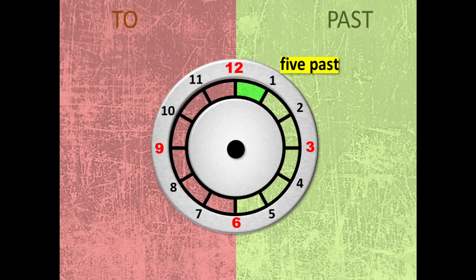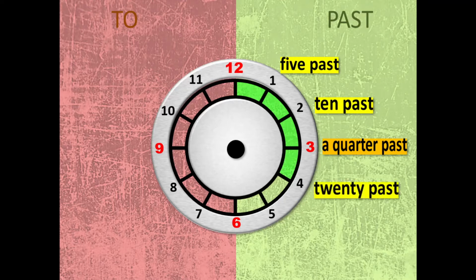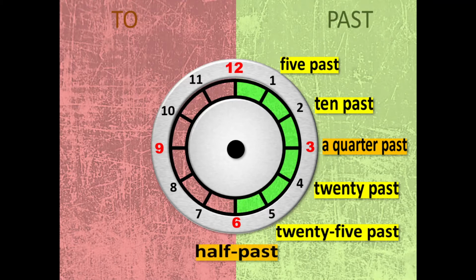The second one is 10 past. The next one is a quarter past. Then we have 20 past, and then 25 past, and the next one is half past.